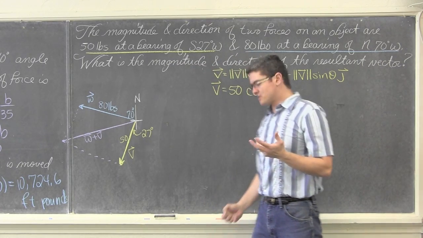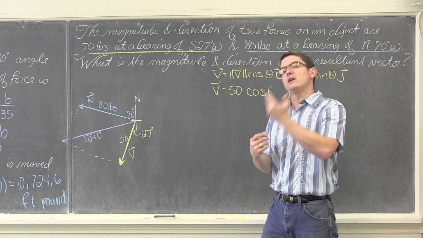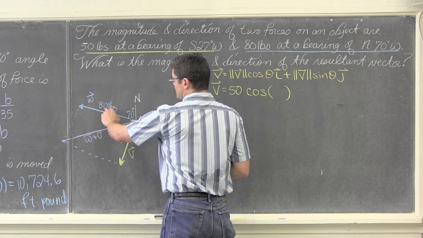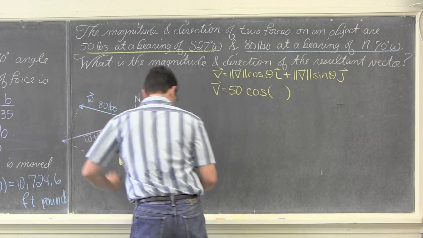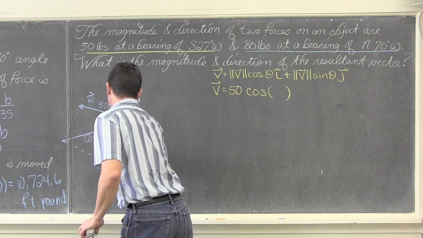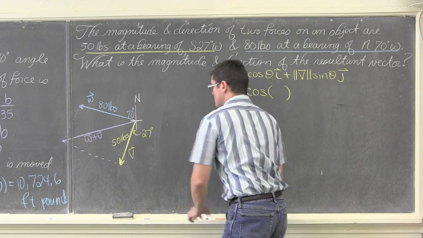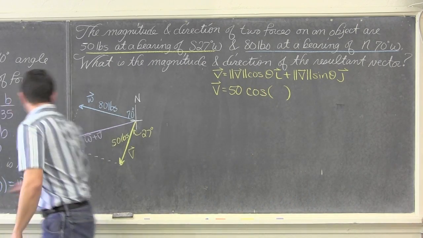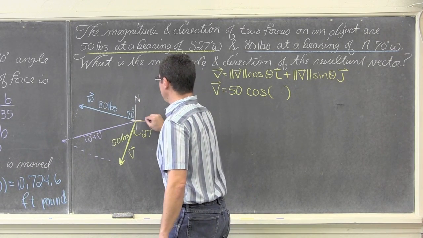See, our calculators don't understand bearing. It understands standard position rotation. So I need not just the force of each vector, the 80 and 50 pounds, but I need to know the standard position rotation. So remember, standard position rotation is off of the x-axis. So we've got a rotation of what?